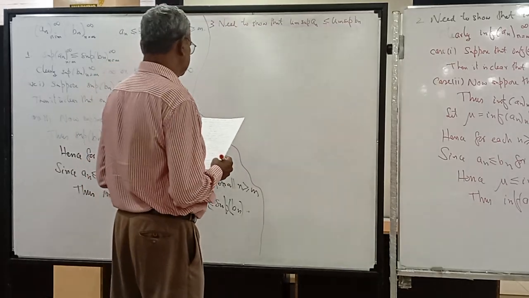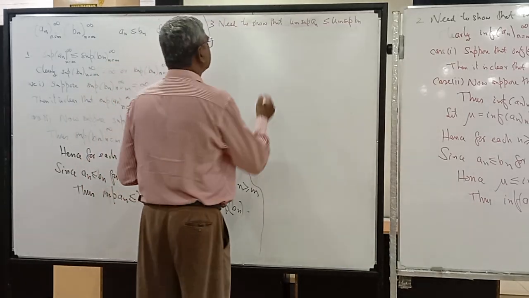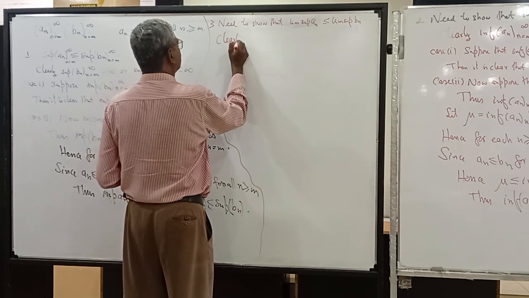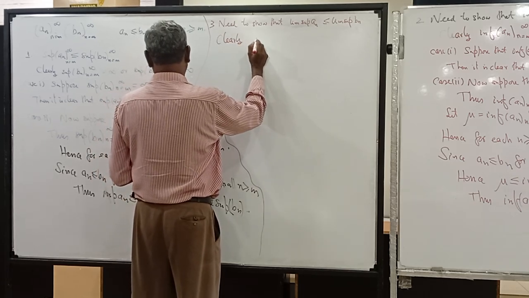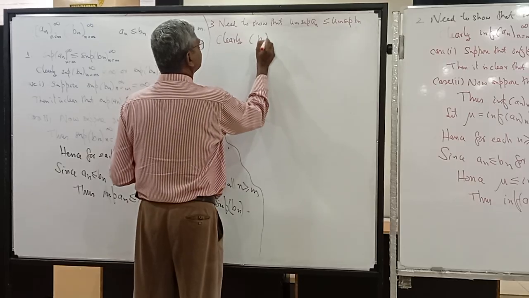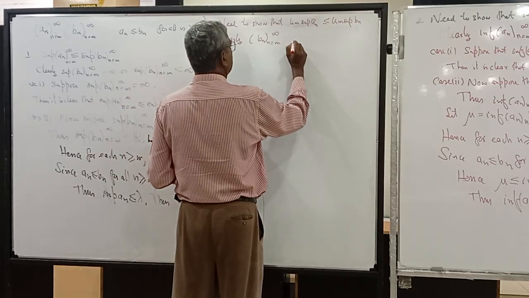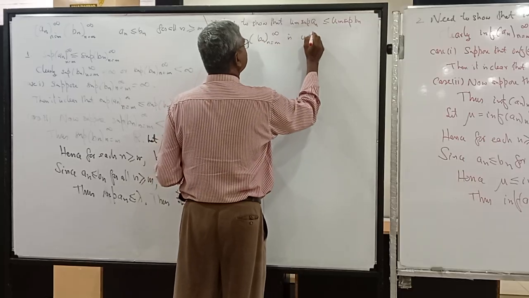Then clearly here, b n, n going to infinity, is unbounded above.